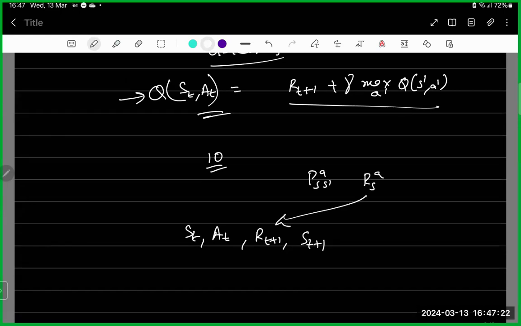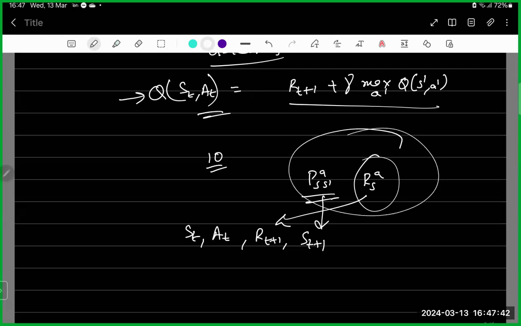You just generate one sample from this distribution which you have learned, and based on these transition probabilities, you simulate some state st plus 1. You can simulate the trajectory without actually interacting with the environment. Just use these two parameters to generate a simulated experience, a simulated episode.